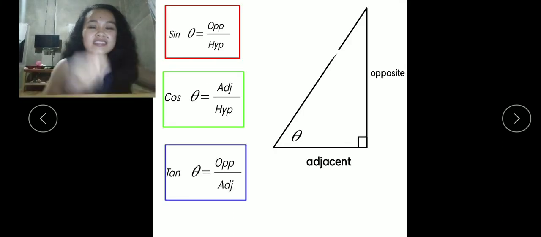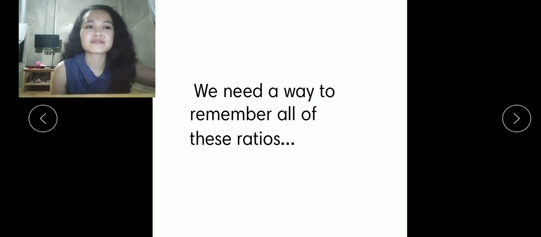Again, sine theta is opposite over hypotenuse, cosine theta is adjacent over hypotenuse, tangent theta is opposite over adjacent. So we need a way to remember all of these ratios.